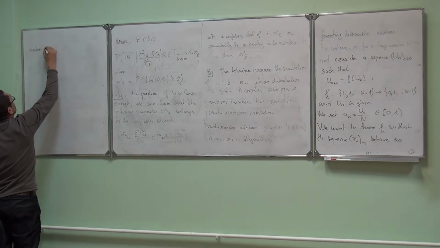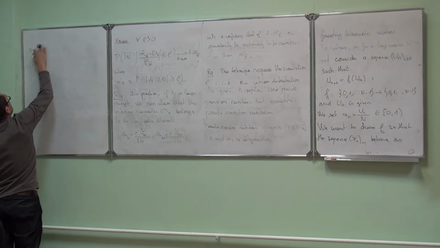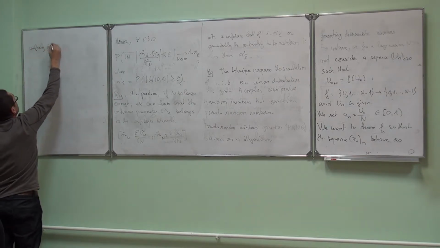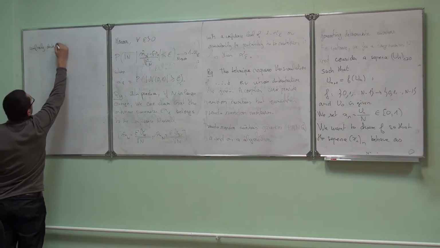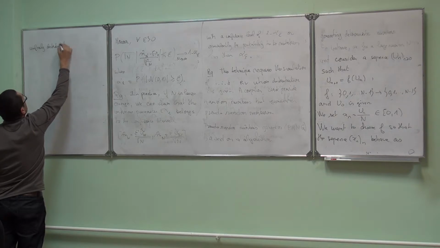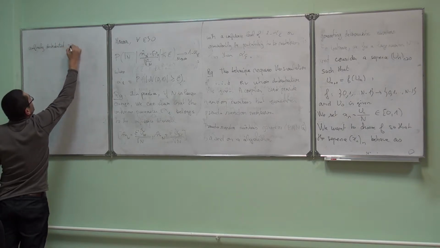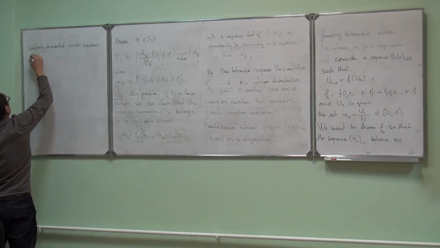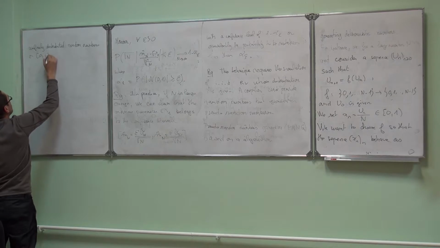So that the sequence X_n behaves as uniformly distributed random numbers on [0,1].